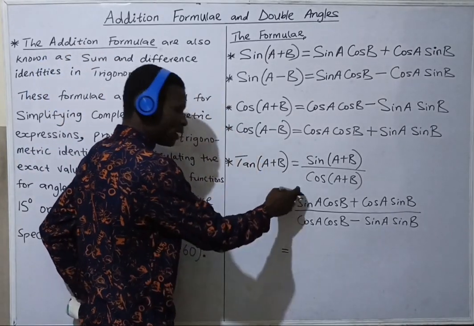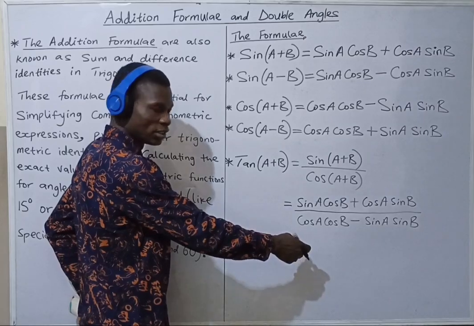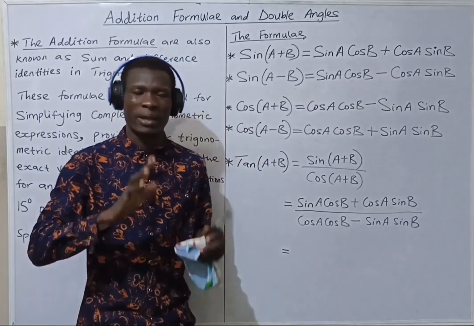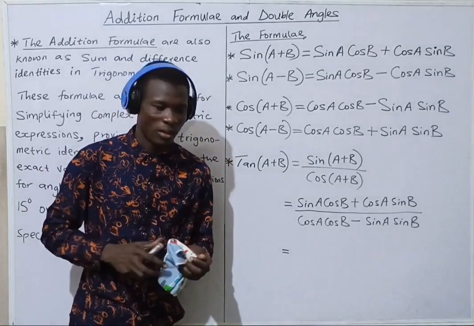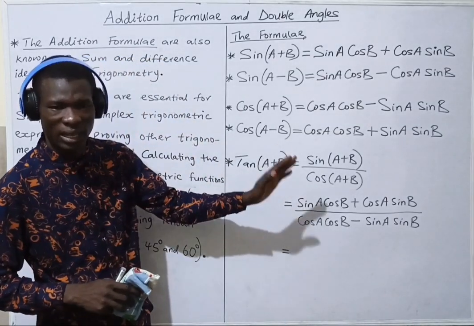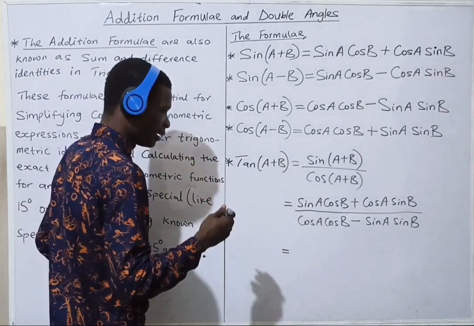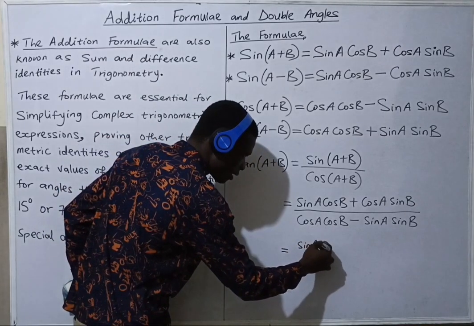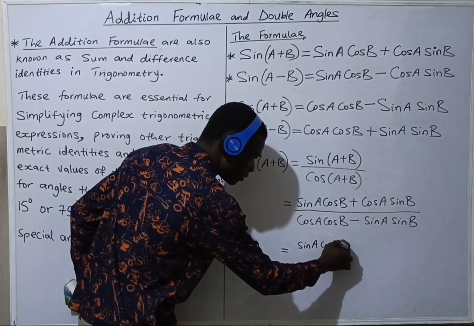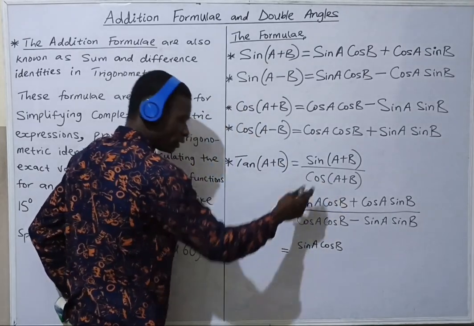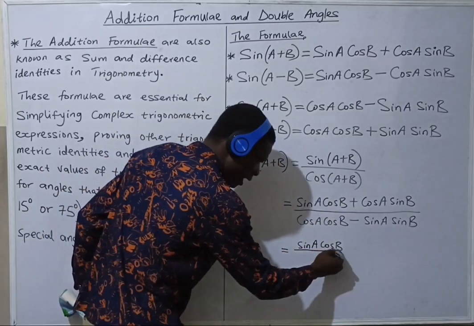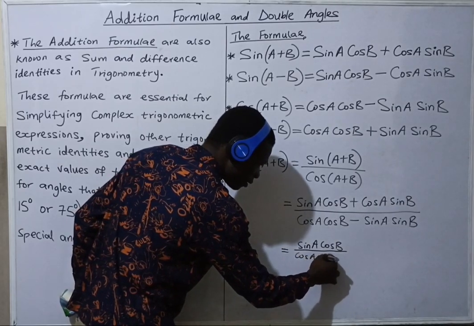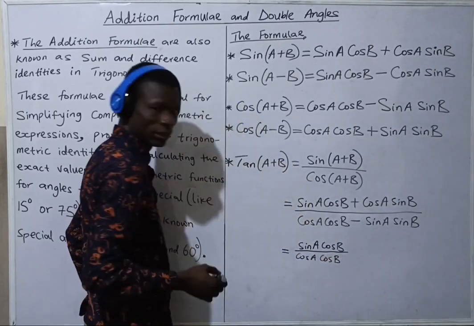I'll be working with the numerator, and then the denominator. Now look at my numerator. I'm going to be dividing everything through by cos A cos B. I'll divide everything through by cos A cos B. And in that case, I'll be having sin A cos B, the first part on the numerator, now over cos A cos B. That's the first part.